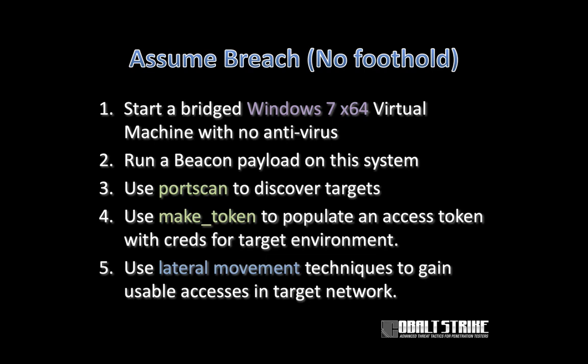They need that initial access. If you're in that situation, here's what I recommend that you do. Spin up a virtual machine, ideally Windows 7 without antivirus, run a beacon payload on it, and then use the tools in Cobalt Strike to spread laterally to a system that you have credentials to control.